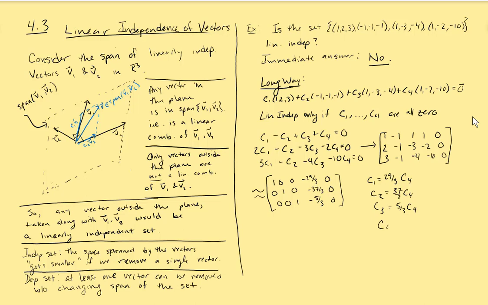And C4 is just itself. So at this point, we typically replace that free variable C4 with the parameter. So let's do that. Just erase all the C4s, write them as parameters R instead.